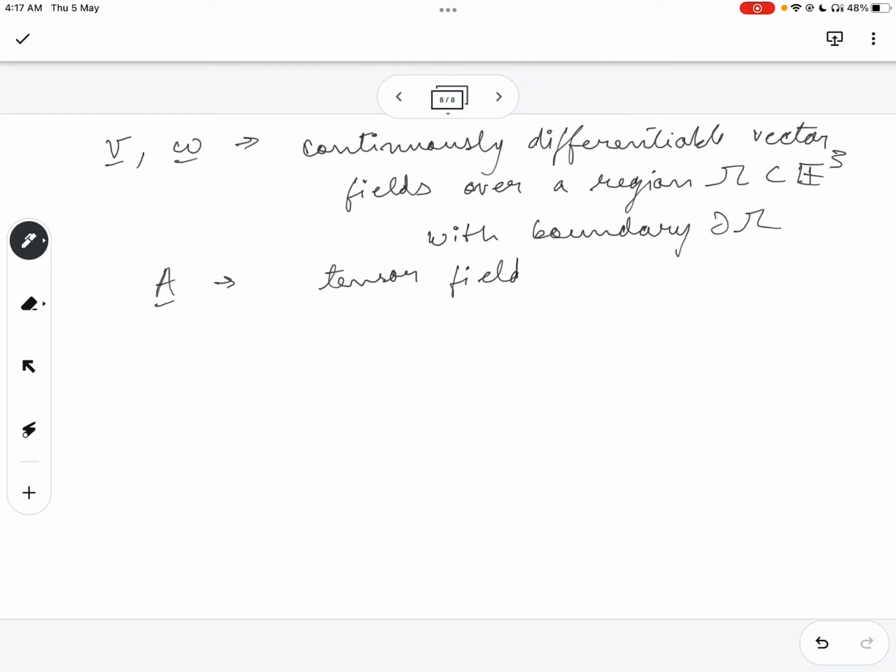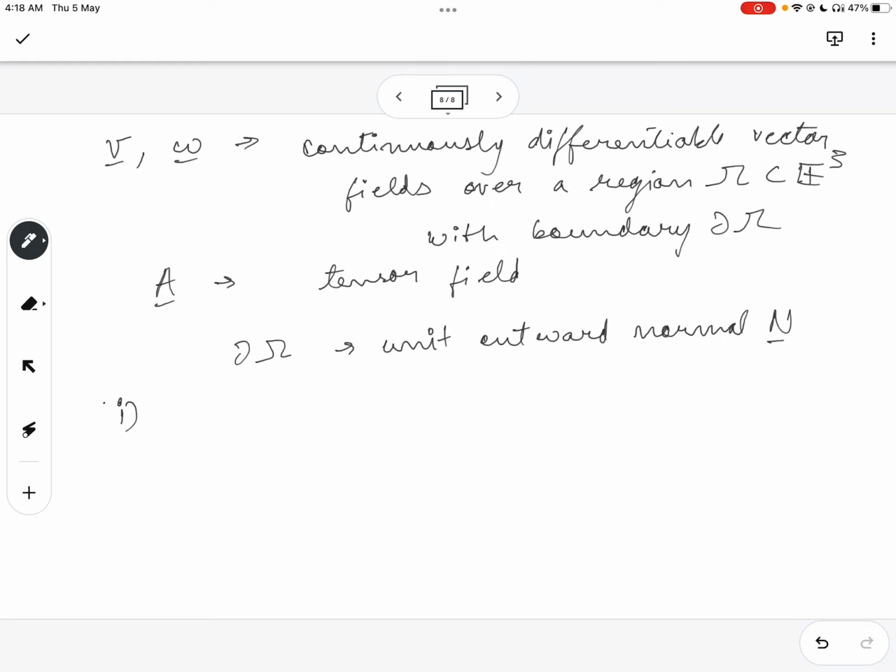So it is also a continuously differentiable tensor field over a region omega, which is a subset of three-dimensional Euclidean space with boundary del omega. Del omega has a unit outward normal n.